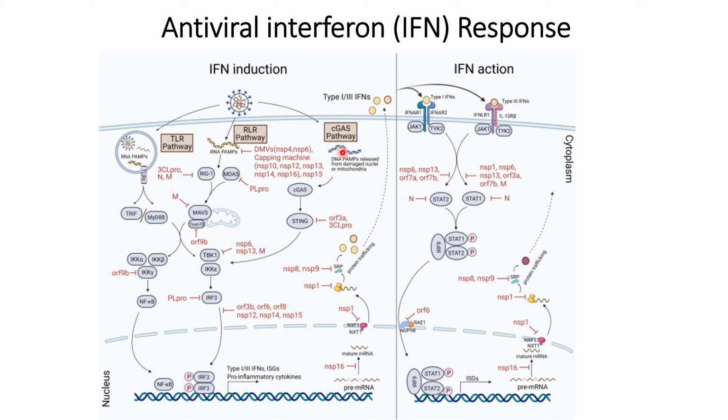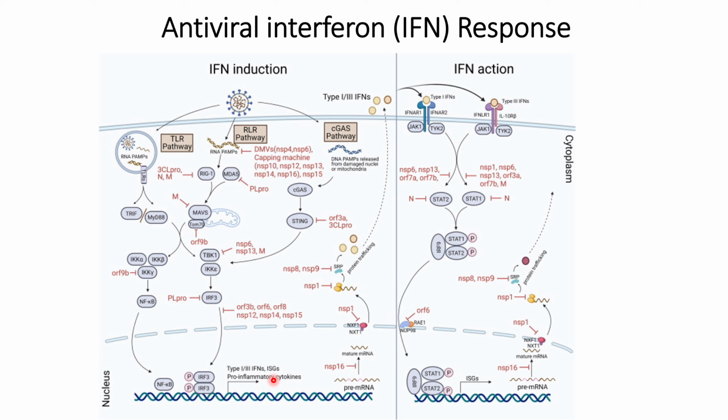When IFN induction occurs through the cGAS pathway, it is because the foreign harmful particles have a DNA component. In this case, it will trigger cGAS and then the STING pathway, and thereafter the pathways merge with the RLR pathway, that is TBK1 and IKK epsilon complex formation occurs, and it triggers IRF3.